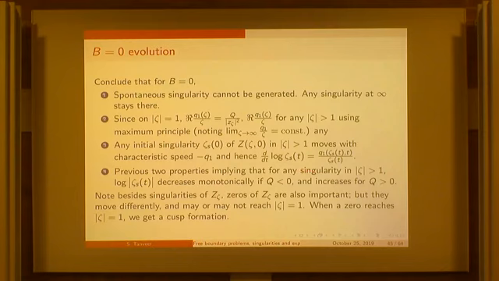This is how this singularity, any singularity, will move. In particular, if Q is negative, which is the suction case, any singularity that you put outside gets attracted towards the physical domain. So singularity outside is bad news later.